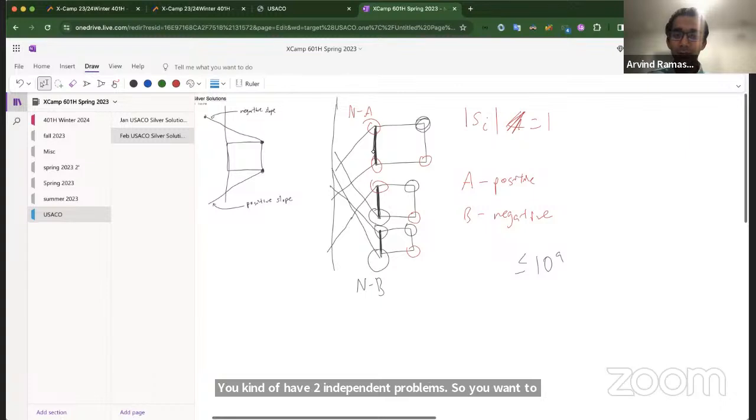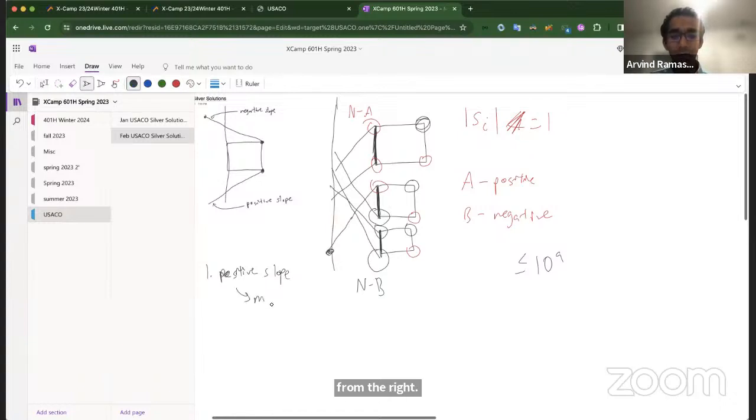For the positive slope, these things are basically going downwards from the right. You want to maximize the minimum intersection.